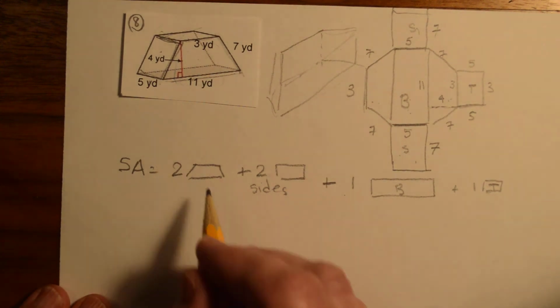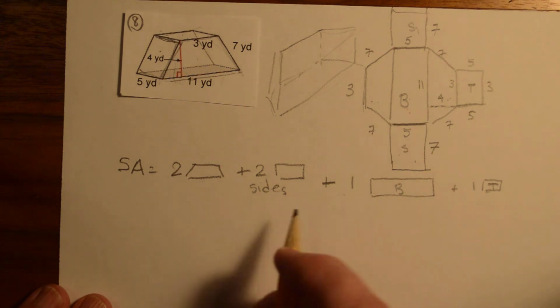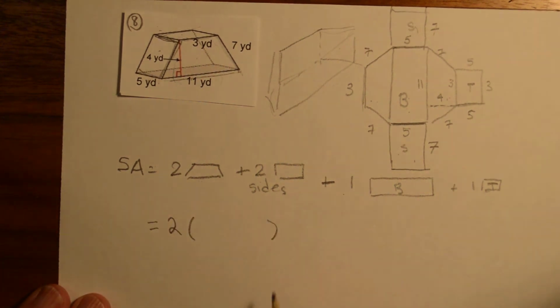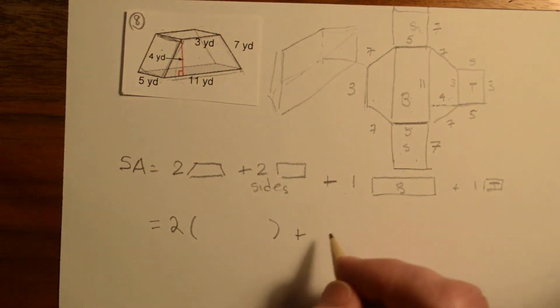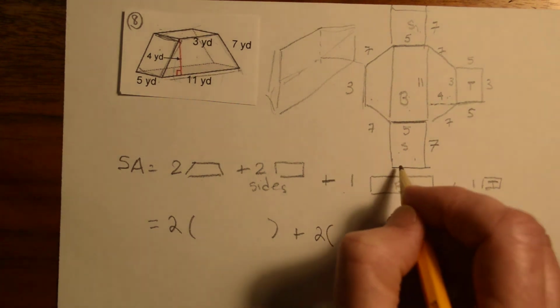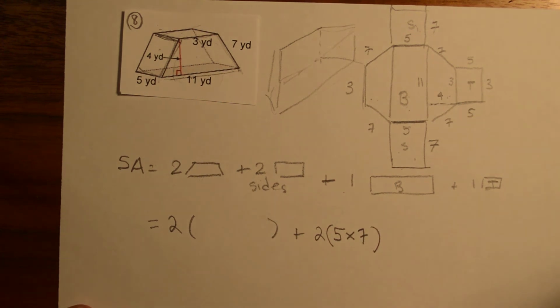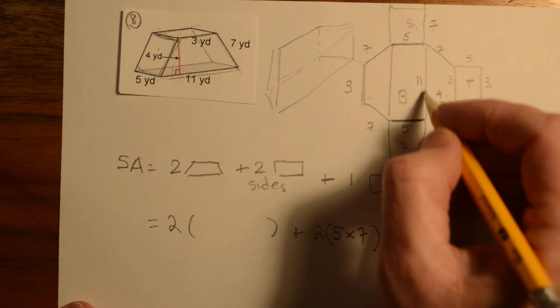I'm going to save the trapezoid for last because that's the only thing that's not a rectangle. So let's go through and fill in these other things. So we're going to leave room for 2 trapezoids, whatever that is. All right, the 2 sides right here, those are rectangles, and they both use the formula length times width. The length is 5, the width is 7, or vice versa. All right, then we have 1 long base at the bottom right here.